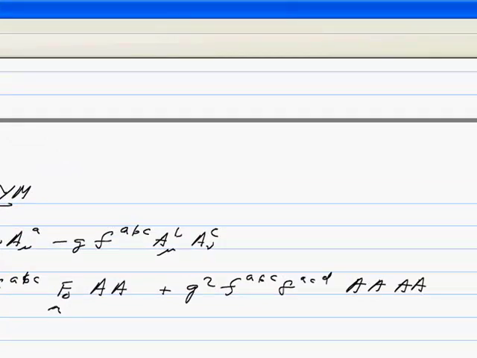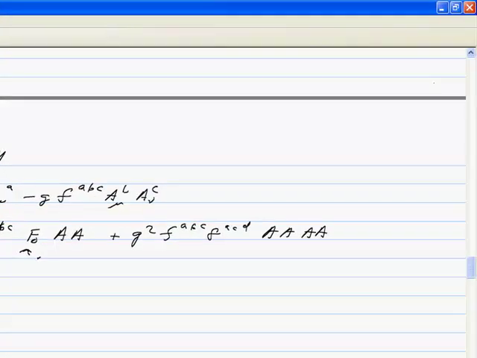You see that the first order term here has a derivative acting on an A field, so when there's a triple interaction, AAA, there's one derivative. When there's a quadratic, there's no derivatives.